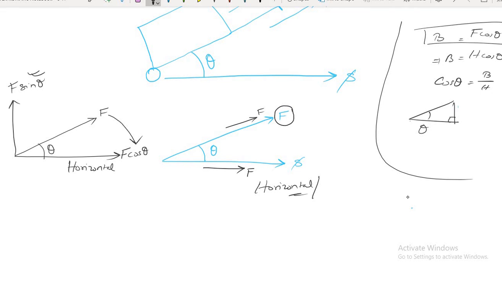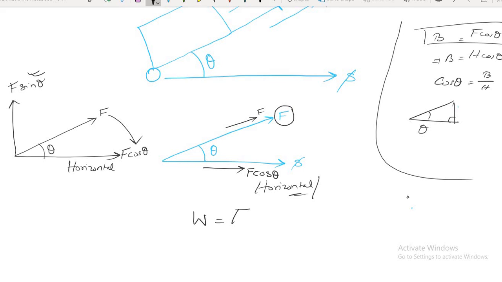So what will we write? The force will be F cos theta. Now you can see that F cos theta and S are both along the same direction. Now you can write W is equal to, not F, because the force here is not F. What is the force here?